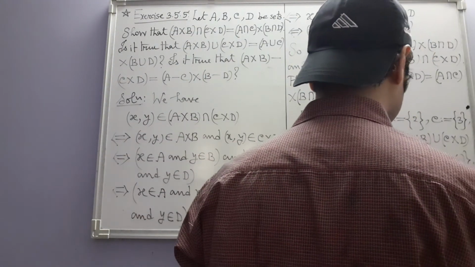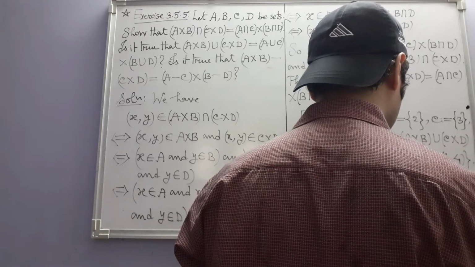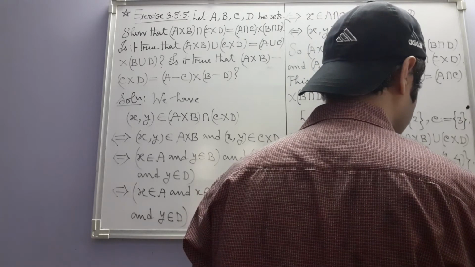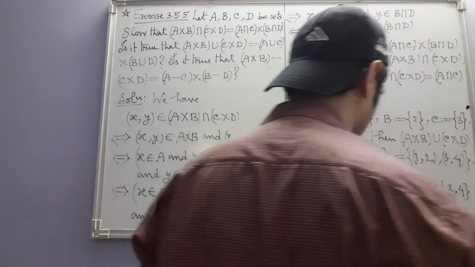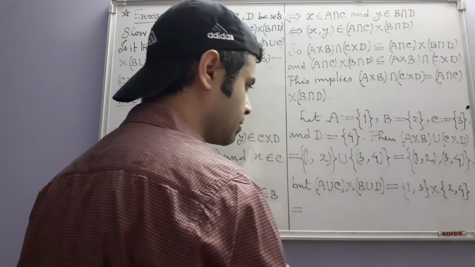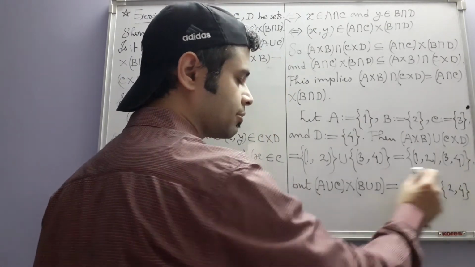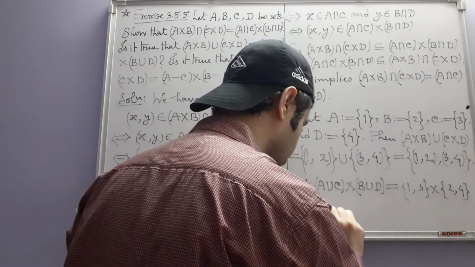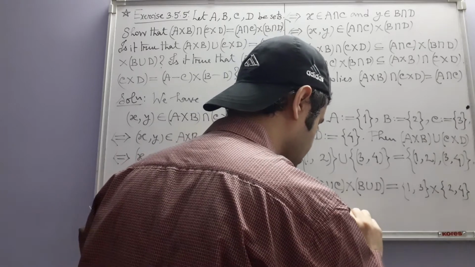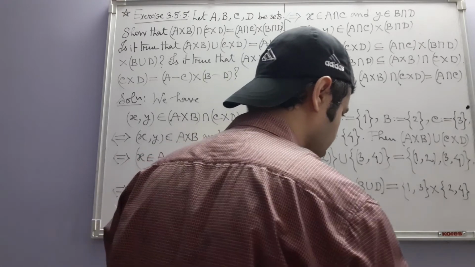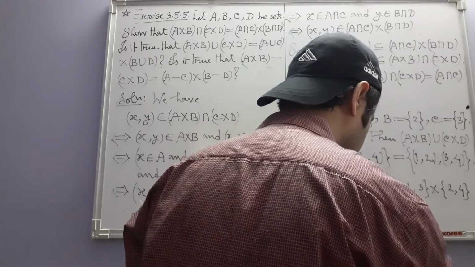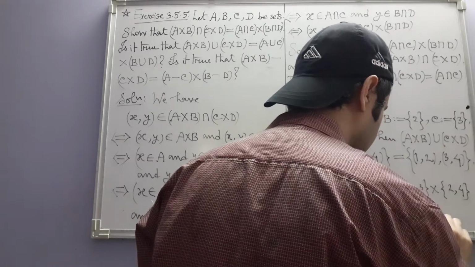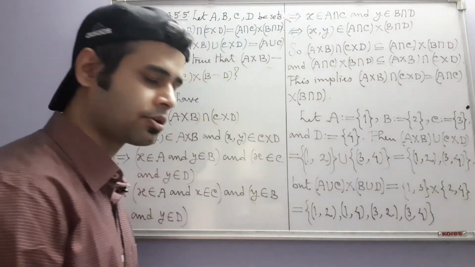Anyway, let us calculate. So this is A union C is 1, 3 cross B union D is 2, 4, and all possible ordered pairs will be there, where the first coordinates are coming from this and the second coordinates are coming from this. So this is equal to 1, 2, and at the same time 1, 4 is also there, like that, 3, 2 and 3, 4. So we see that the first set is actually a proper subset of this, not equal to this.